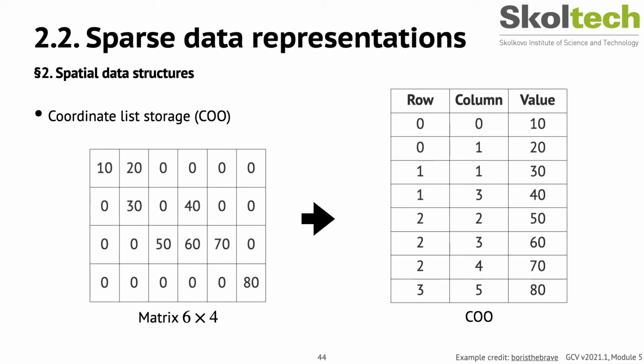You can notice that the actual efficiency of this format is highly dependent on the number of zeros in the matrix. For instance, in this case, since we have 24 values in the matrix but only 8 non-zero values, we end up with exactly no benefit in storing the COO format instead of the dense array format, because we still have to store 8 row indexes, 8 column indexes, and the 8 actual values.